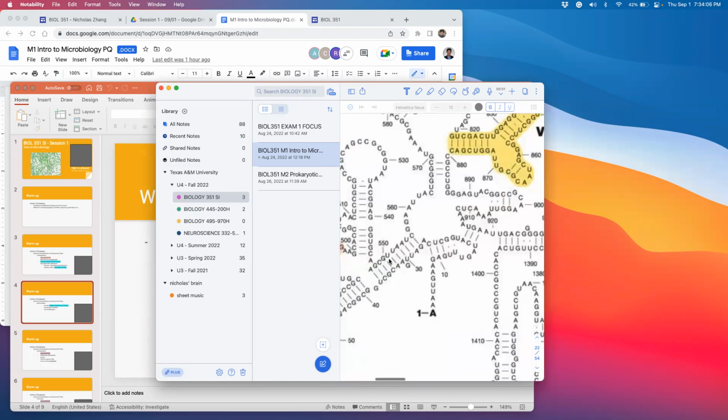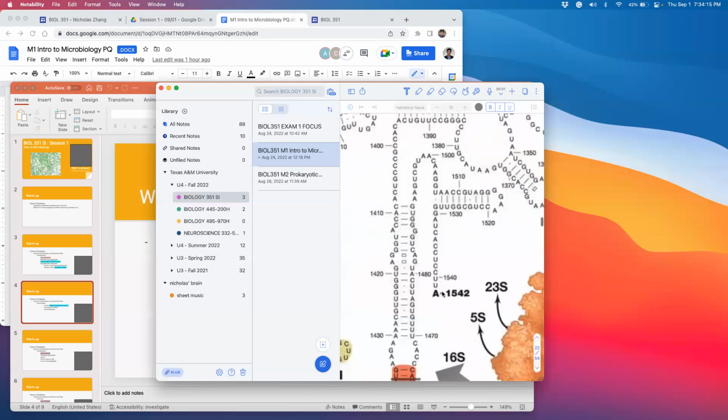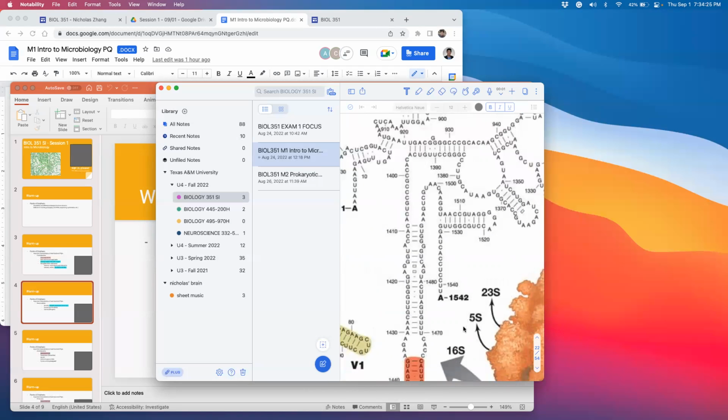And these are RNA because you see the uracil, but you also see right here, it starts with an A at the number 1 position, and then ends with an A at the 1542nd position. So it's probably single-stranded.